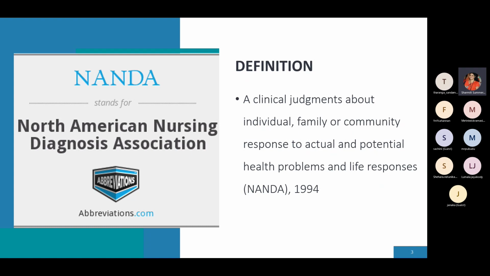NANDA proposed one definition for the nursing care plan: it is a kind of clinical judgment made about the individual, family or community in response to health problems and life responses. If any individual, family members or community are facing any health problems, with the help of this nursing care plan we provide clinical judgments.